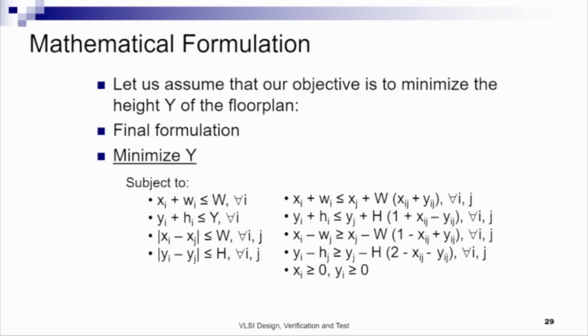So, yi plus hi. So, where can a block be placed maximum on the top part of the chip, we have to satisfy the constraint yi plus hi less than or equal to capital Y. Also, we saw these other two constraints, xi minus xj less than or equal to w and yi minus yj less than or equal to h.